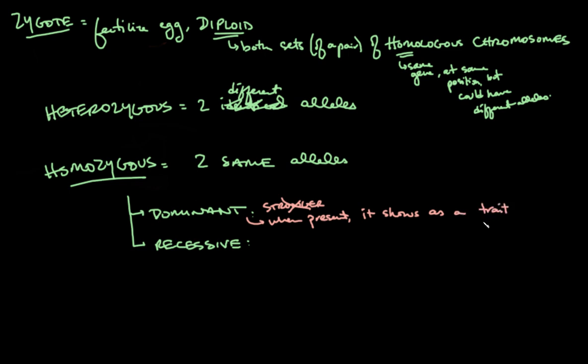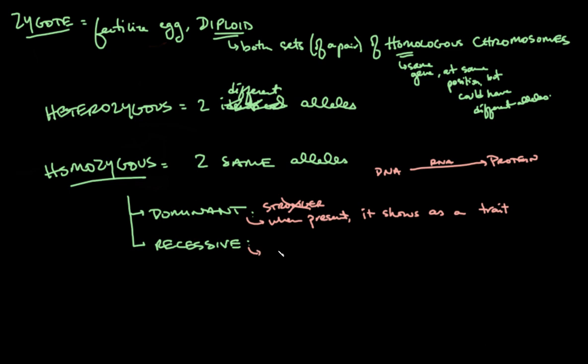That's overly simplified, right? What that really means is when you have a dominant allele, it's going to code through RNA all the way to a protein, to a trait. Of course, we know that all this transcription and translation is a long chemical process, and lots of things can go wrong there. But in speaking in generalities, when there's a dominant allele, it shows as a trait.